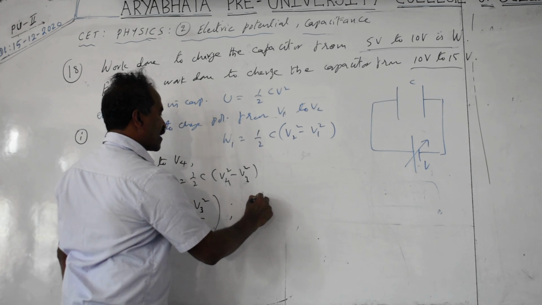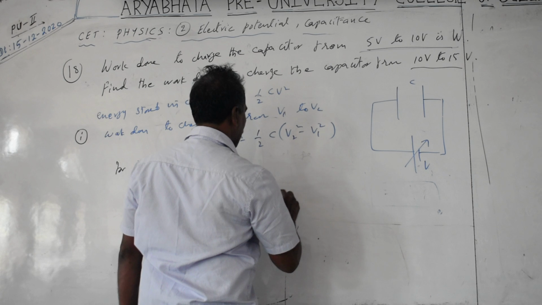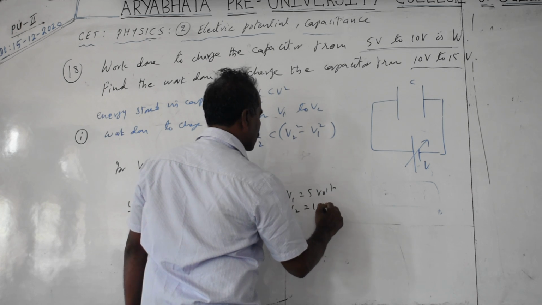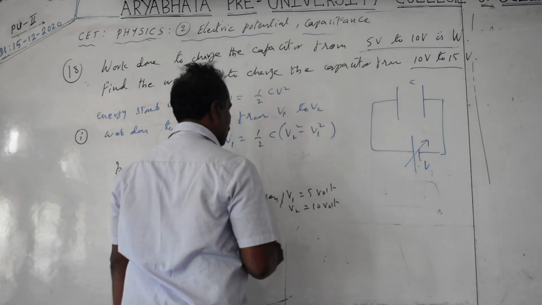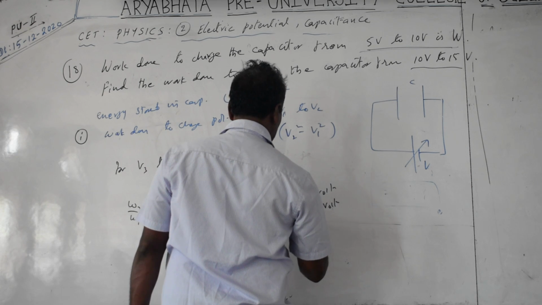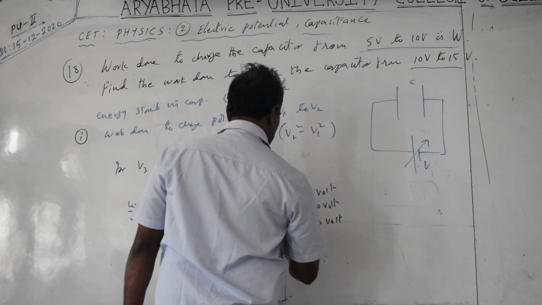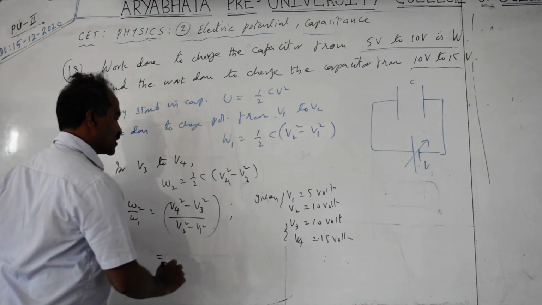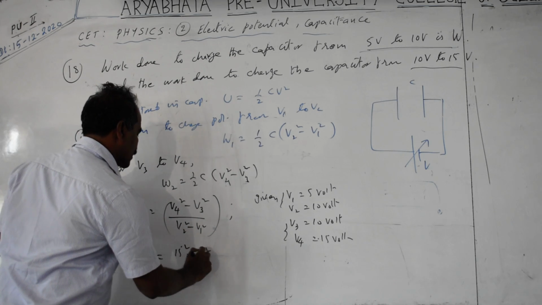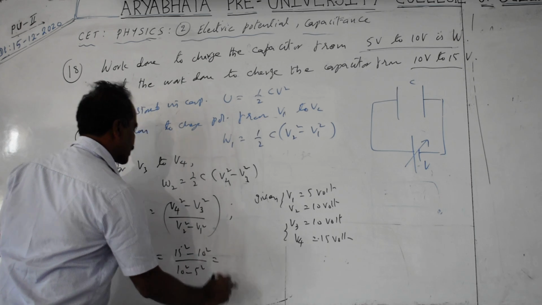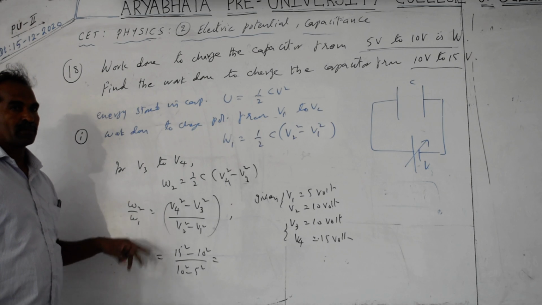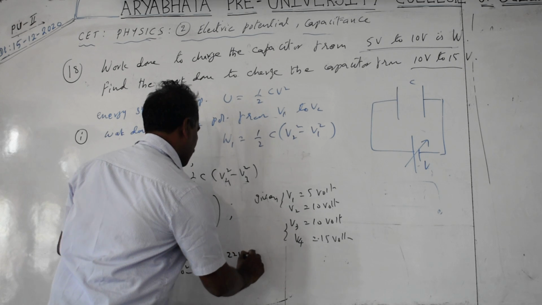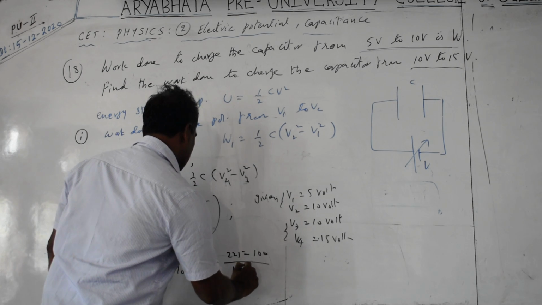Given first voltage V1 is 5 volts and V2 is 10 volts. The difference is 5 volts, that doesn't matter, because we are taking the square here. Next V3 is 10 volts and V4 is 15 volts. Take the ratio of these two: 15 square minus 10 square by 10 square minus 5 square. 15 square means 225, so 225 minus 100 by 100 minus 25.